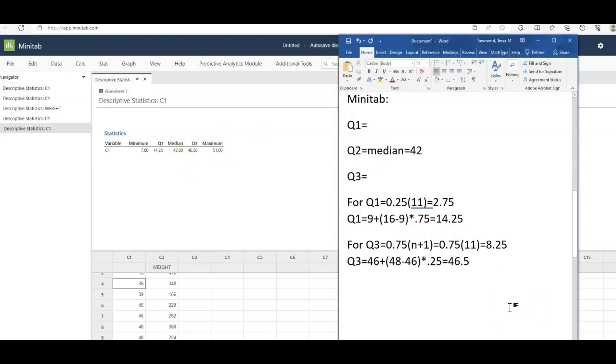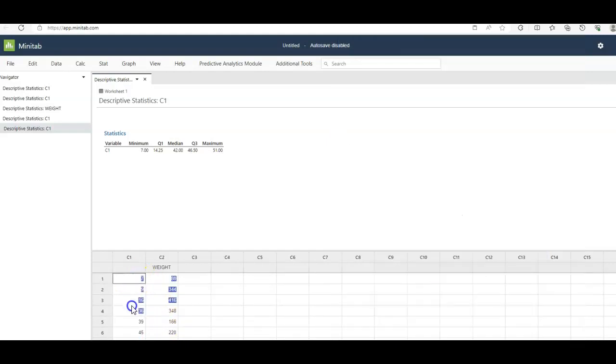So how could you get around that if you wanted to use Minitab to find quartiles? Well, you could recopy those columns.